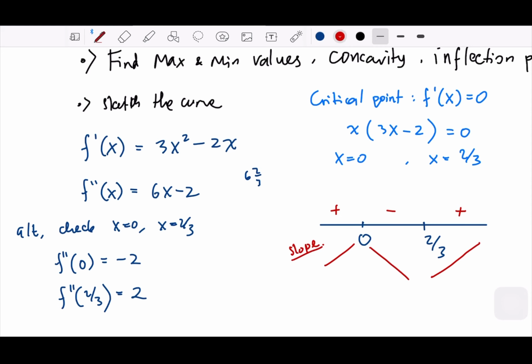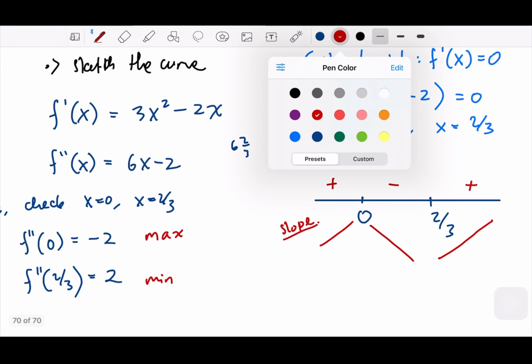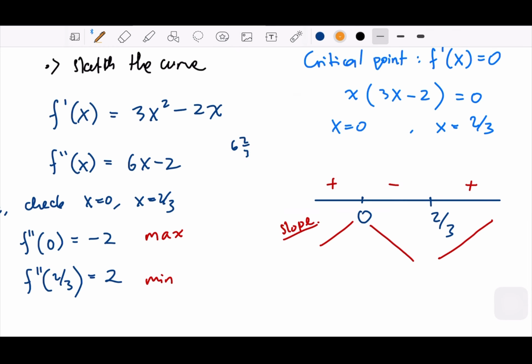Which means that, remember, if this is negative, it will be downwards, and if positive, it will be upwards. So this is a downward shape, so it is a max, and this will be a min. Similar conclusions to what we have from checking f prime. So you can check through the second derivative or by the number line like this, both are okay. So you can choose.